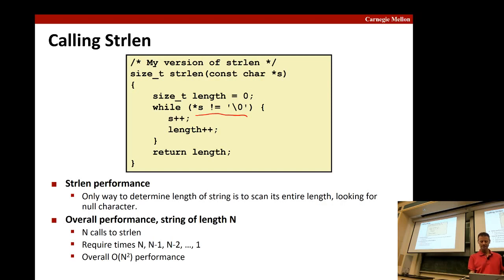So that means it takes n time the first time through. Since you're looking at less and less of the string each time, it's n minus 1, n minus 2, down to 1, but that's still a quadratic form if you sum those all up.